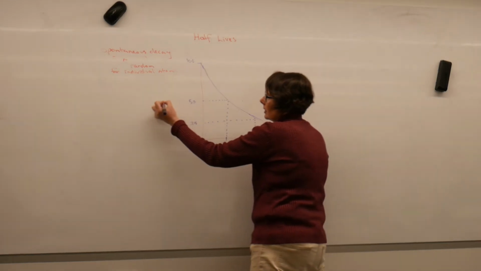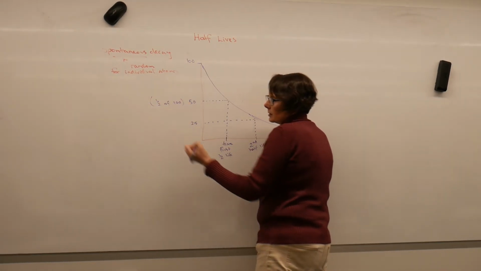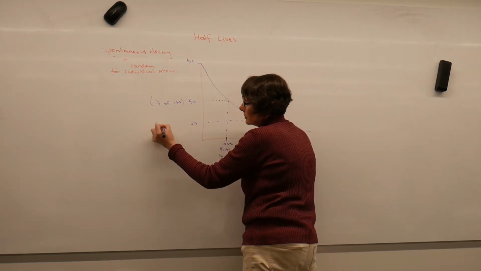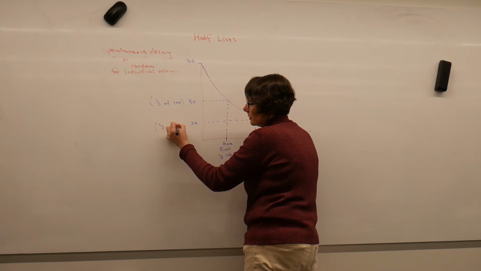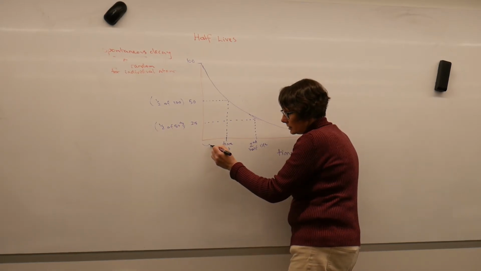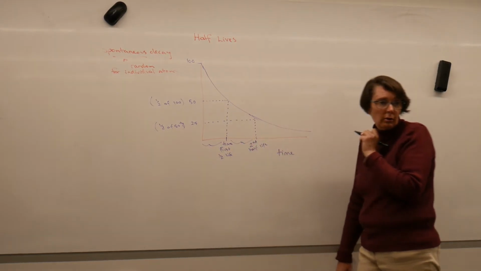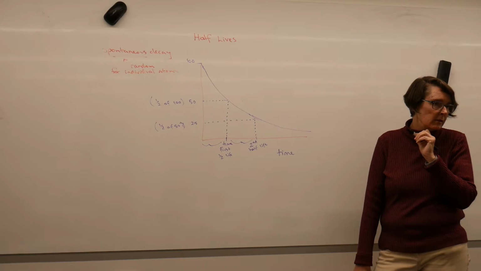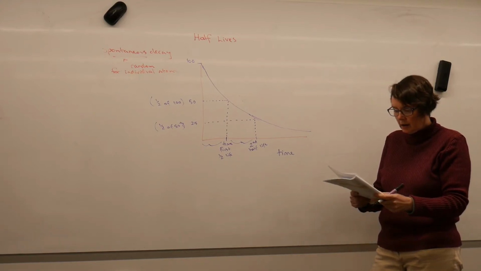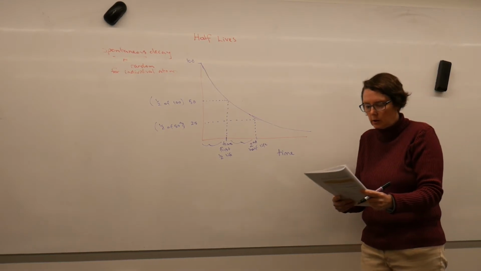Okay? This is half of 100. That's the first half-life. Whereas 25 here is half of 50, for the second half-life. And these are going to be the same length of time. If I was able to draw a nice diagram, they would be the same size. Okay, so that we end up with this same shape for every radioactive isotope.